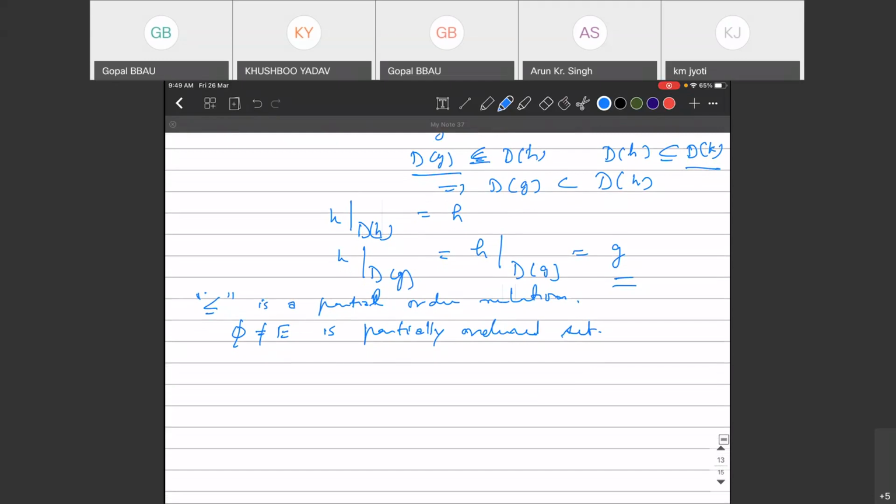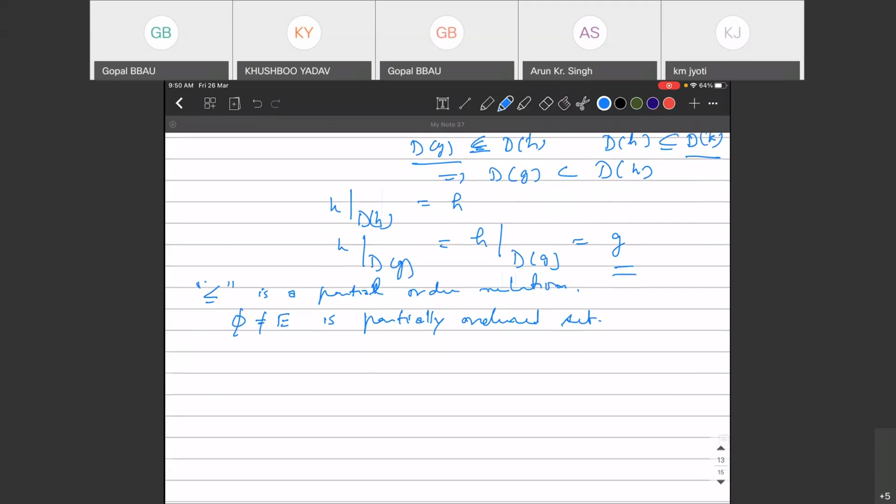Now, sir, there is another assumption in Zorn's lemma: every chain has an upper bound. If every chain has an upper bound, then the set will have a maximal element.